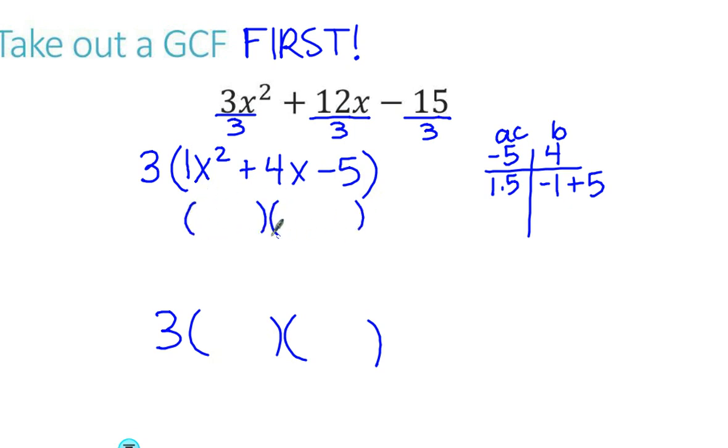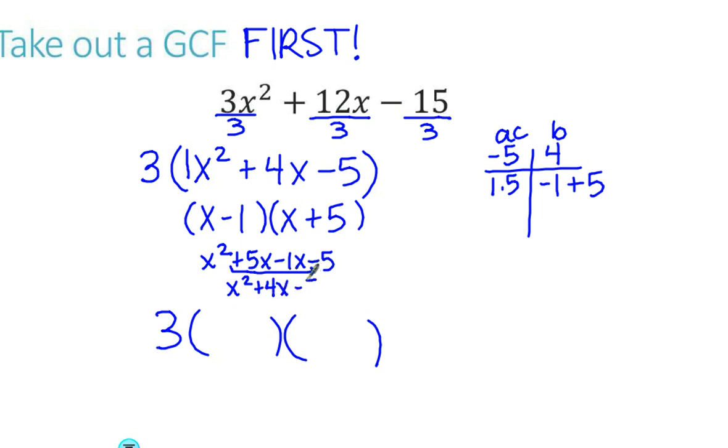So here are those, x and a negative 1, x and a positive 5. Alright, so if I wanted to check myself real quick by distributing, I would end up at x squared plus 5x minus 1x minus 5. These two always combine. Minus 5. Alright, so does this take me back to my original equation?